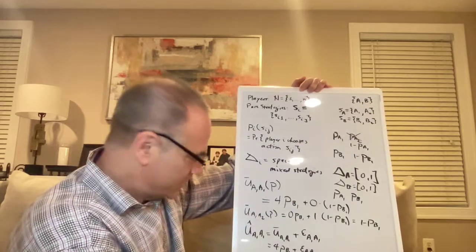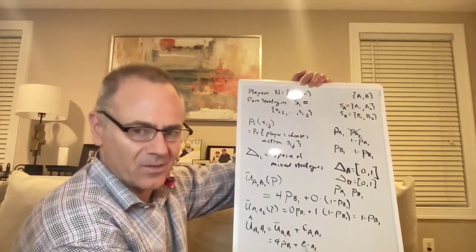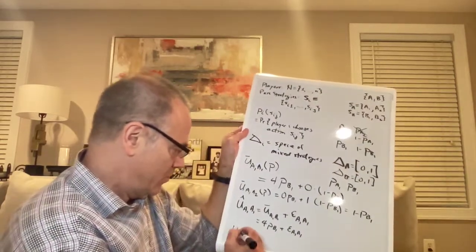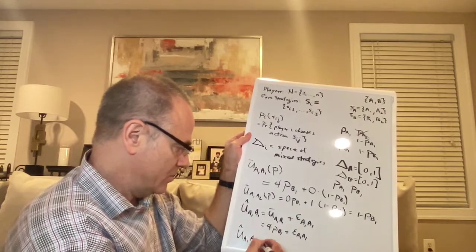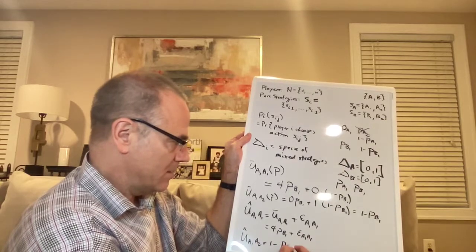Notice it doesn't depend on the outcome, this error term. It only depends on the action. And then we're going to have U bar A2, and that just equals 1 minus PB1.